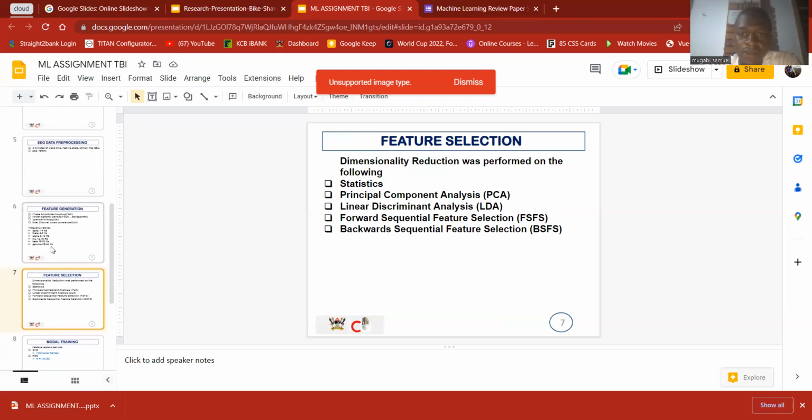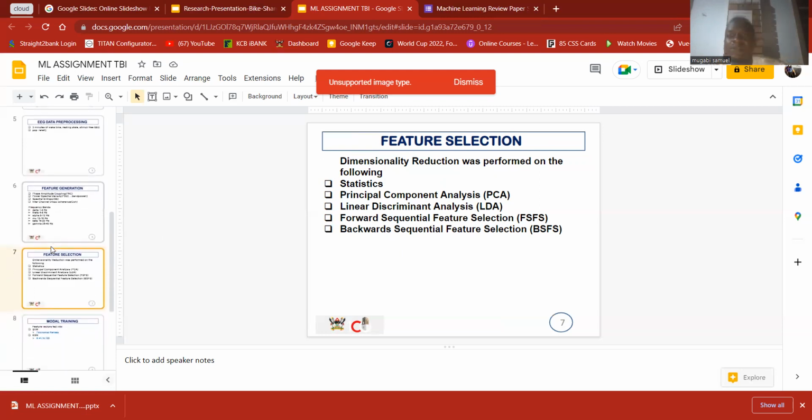Feature selection, dimensionality reduction was performed. Mainly, this dimensionality reduction is trying to reduce the dimensions in which data points are plotted. You reduce the dimensions, but keep the originality of the vectors so they still make sense to the model.